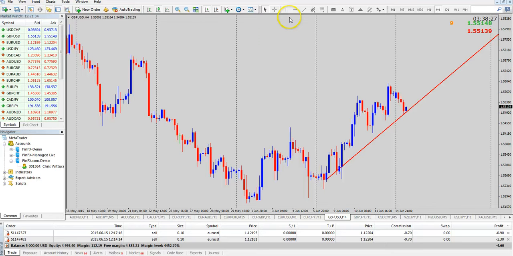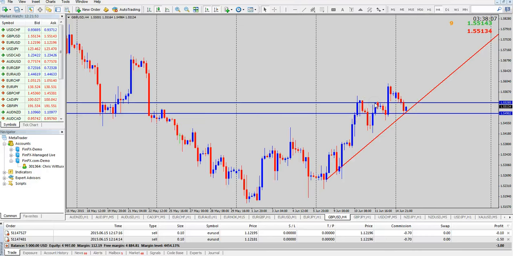I'm just gonna wait, start pulling out some support and resistance. Do this one there. Since this is going up, we're looking for the next high.